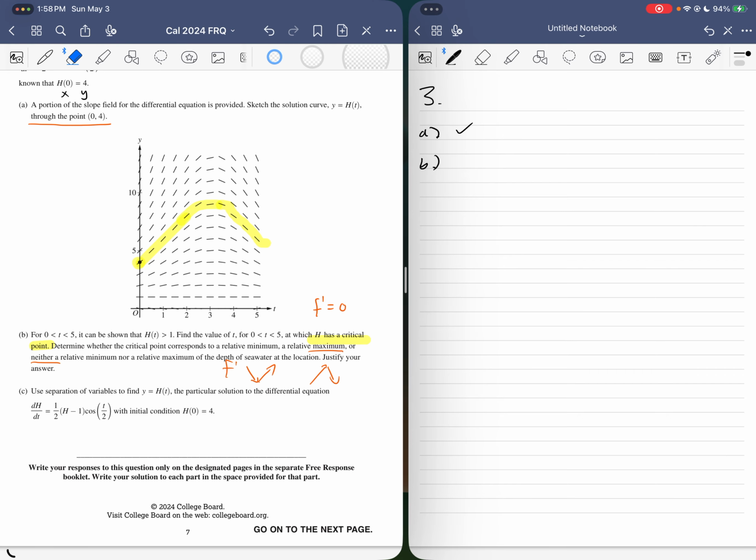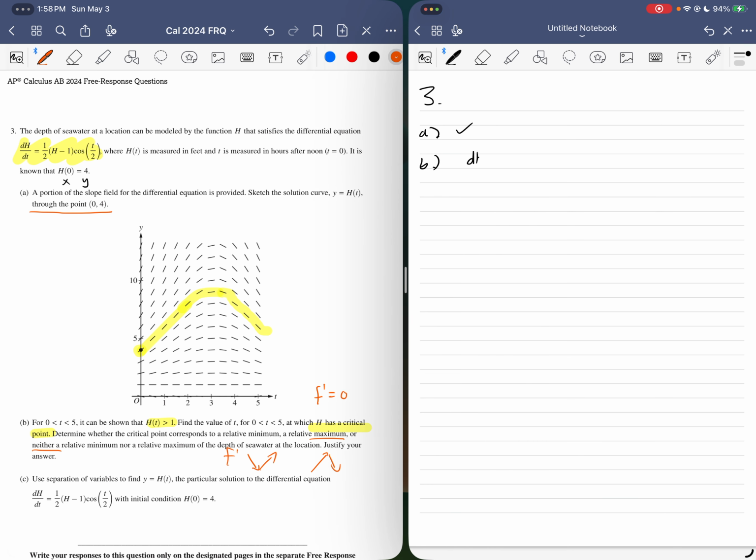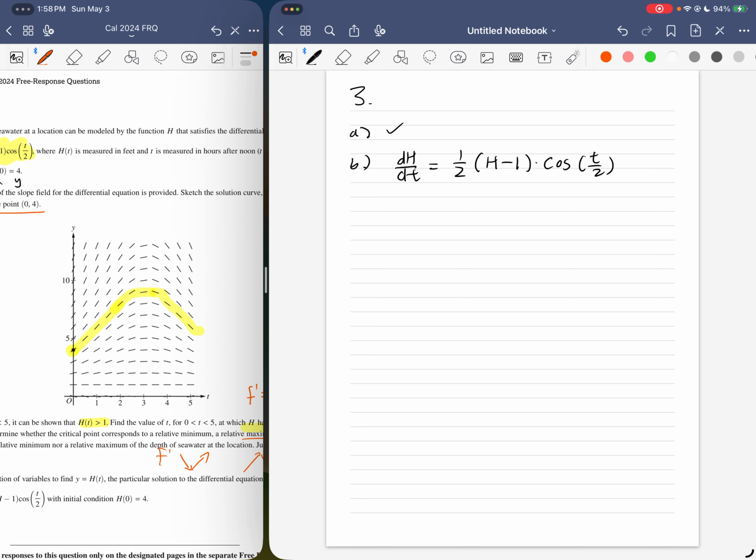So let's do this. We know that h of t is going to be greater than 1, and it looks like we already have the slope. So dh dt is 1/2 times h minus 1 times cosine of t over 2. All right, so let's do this.